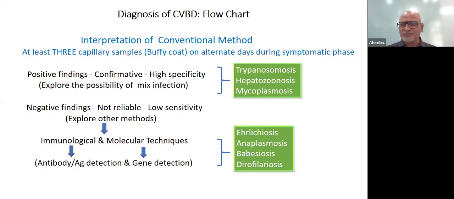So you can't miss it. The level of parasitemia is usually 1 to 3%. So if you examine the buffy coat smear, where you can examine 100 or 200 leukocytes, you will definitely get hepatozoonosis. Similarly, in trypanosomosis, I forgot to mention one particular feature of trypanosoma infection in canine: parasitemia coincides with pyrexia. So that is why they are teeming with the parasites.